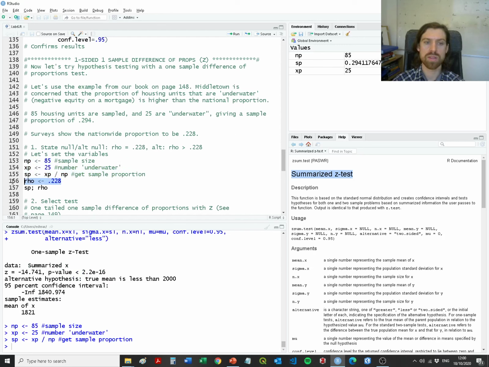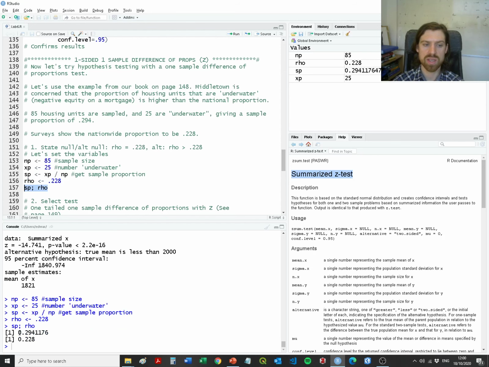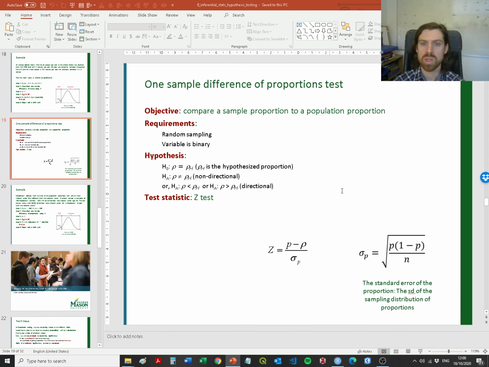Now let's enter the national proportion, which is 0.228, and then we end up with two values here: the sample proportion and the national proportion. You can look at the equations within the lecture slides that you've got. So we've just calculated the sample proportion and the population proportion here.